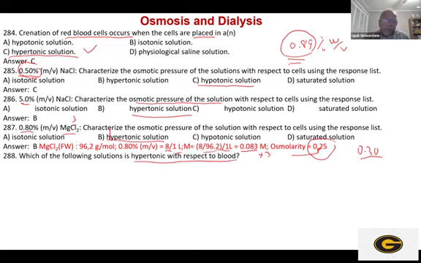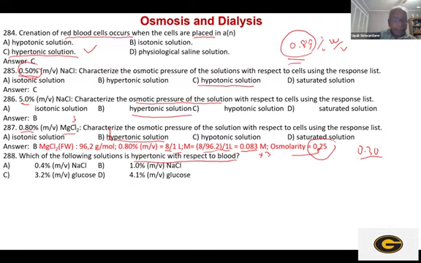Do you have questions? You compare these solutions. Find out which is hypertonic. This one is not. Sodium chloride isotonic solution is, we talked about here, 0.89 on the top.